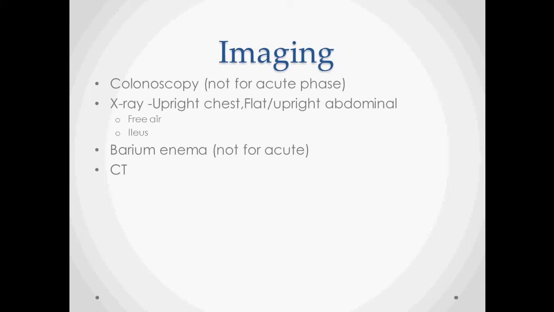Barium enema, again, you don't want to do in the acute setting, but it can tell you if you have diverticula. And a CT is going to be good preoperative imaging.